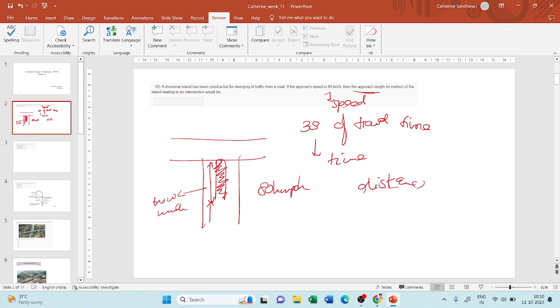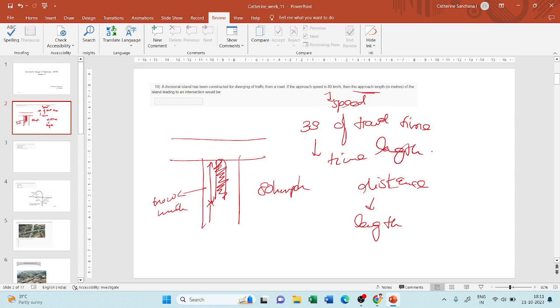So if a vehicle is approaching at a speed of 80 kilometers per hour, the length of this island should be equivalent to 3 seconds of travel time of the vehicle traveling at 80 kilometers per hour. So how will you find the length?